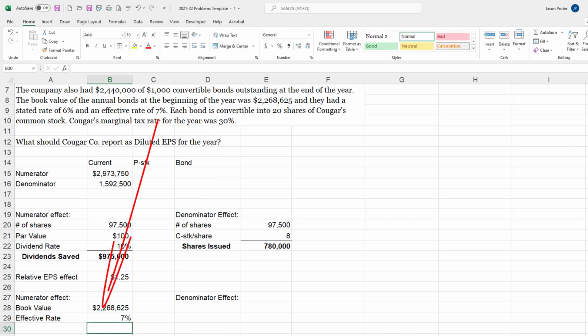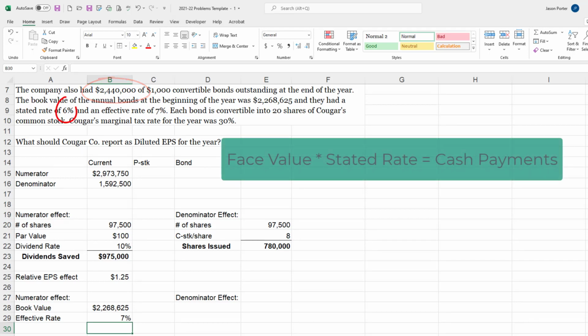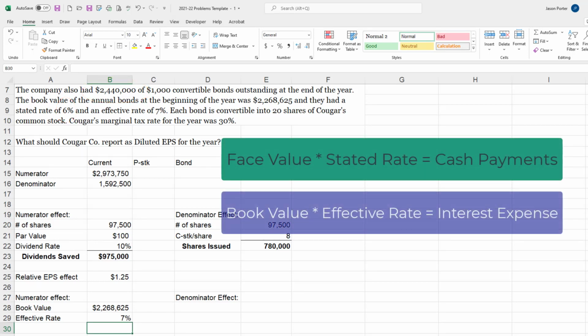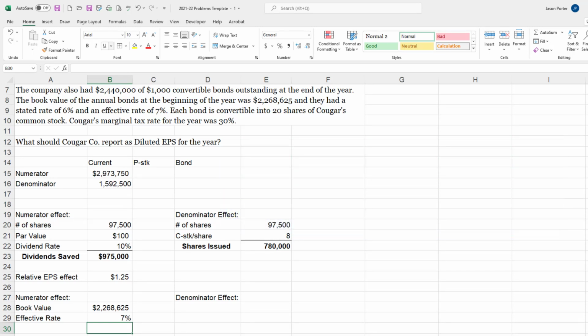Notice I'm not using the face value, $2,440,000, or the 6%. That's how I calculate the cash that is paid. But the interest expense on my income statement will include not just the cash paid, but also the amortization of that original discount that's having it show up on my books at $2,268,000 instead of the $2,440,000. So I have to be a little careful there.